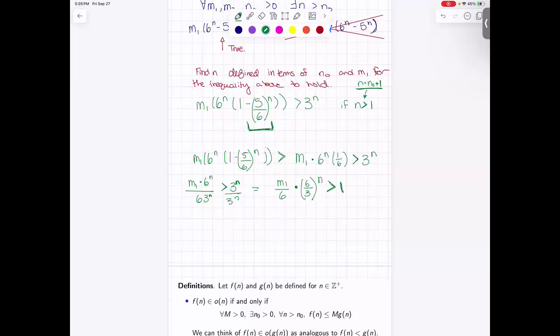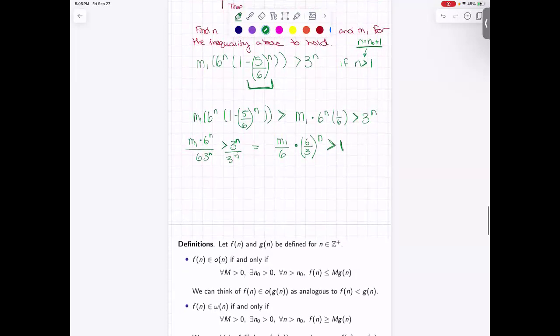So let's rearrange this so that we can make sure that we're getting our n alone just as before. Let's actually just first rewrite that term. We have m1 over 6 times 2 to the n, which will be greater than 1, right?